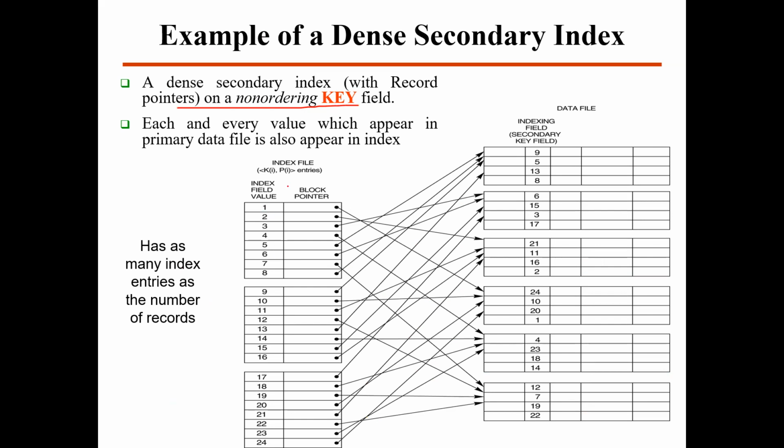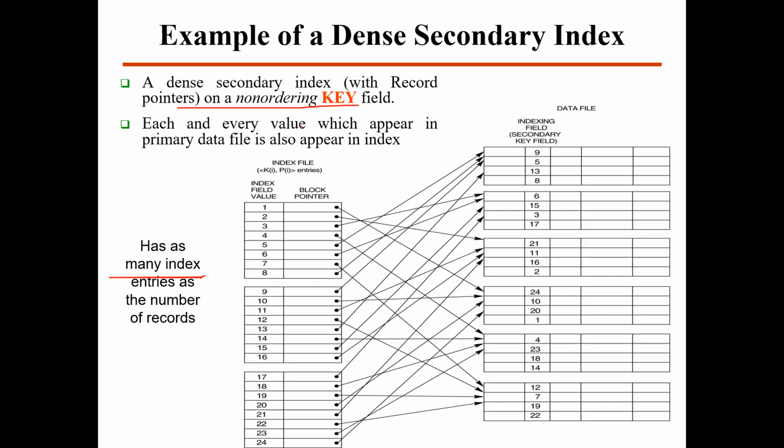For example, here we have an index file linking to the secondary key field. The point here is that the number of entries inside a secondary index is equal to the number of records in the data file.